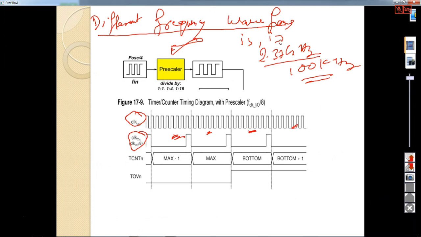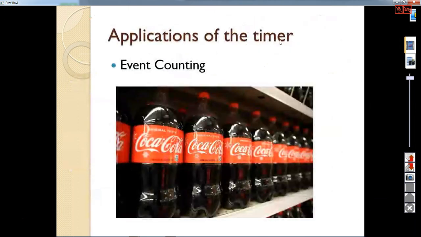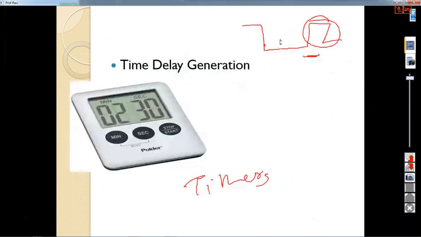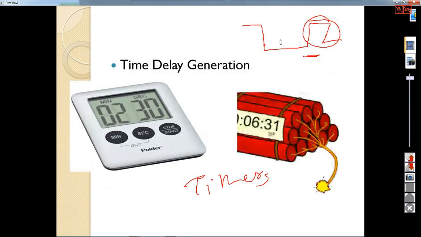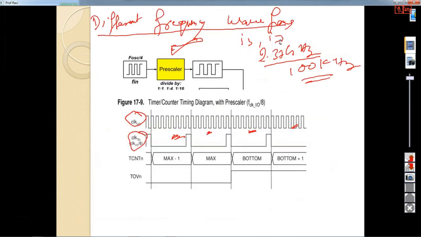So to do these tasks, as we explained, like counting external events and generating a time pulse or time delay, and to generate PWM, pulse width modulation, and to generate different frequency waveforms, we'll be needing timers and counters.